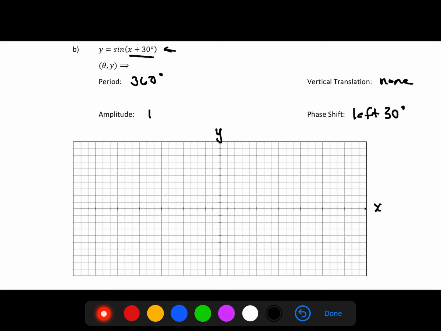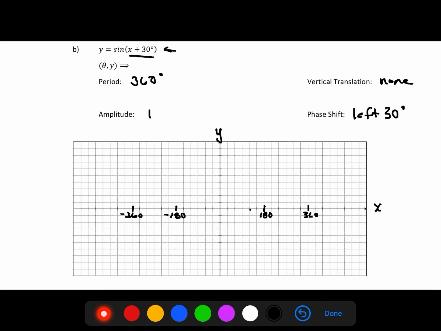So 30, 60, 90, 120, 150, 180, and 360. Same idea the other way. Every 6 blocks is going to be 180, or every 3 blocks is 90.